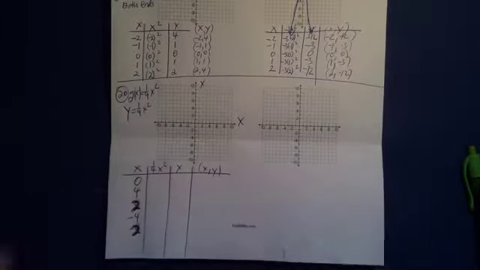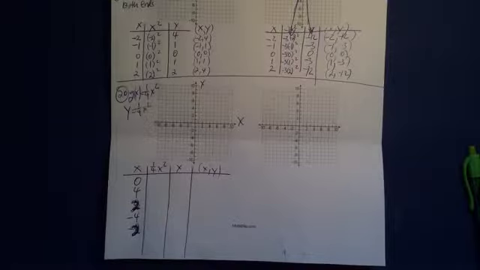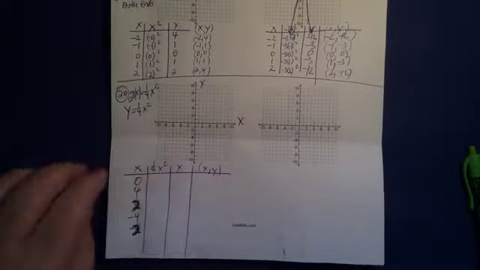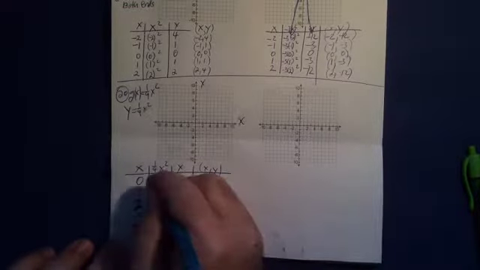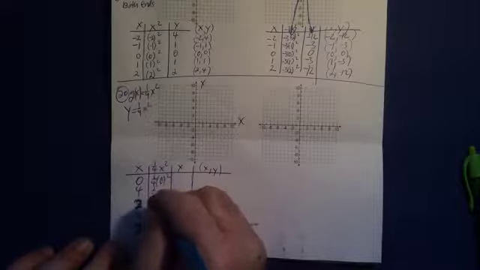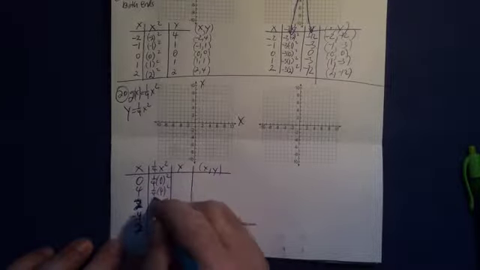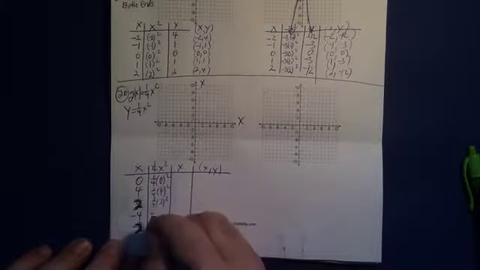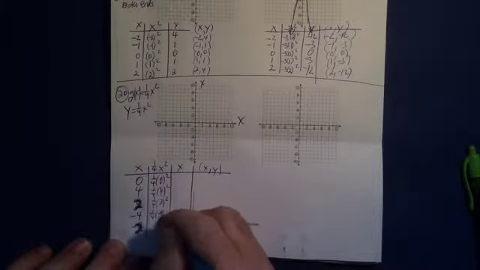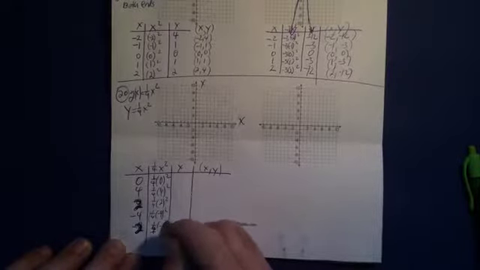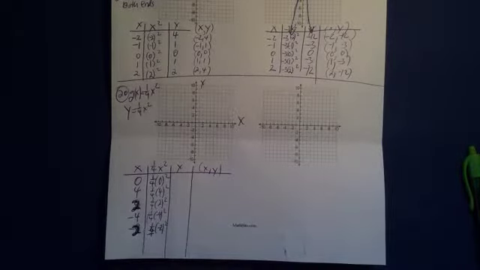I'll show you why these are going to make more sense in a moment. I want to pick values that are going to work nicely with this 1/4 here. So we have 1/4 times 0 squared, 1/4 times 4 squared, 1/4 times 2 squared, 1/4 times -4 squared, then 1/4 times -2 squared. A little bit out of order, but let's see what happens with these.